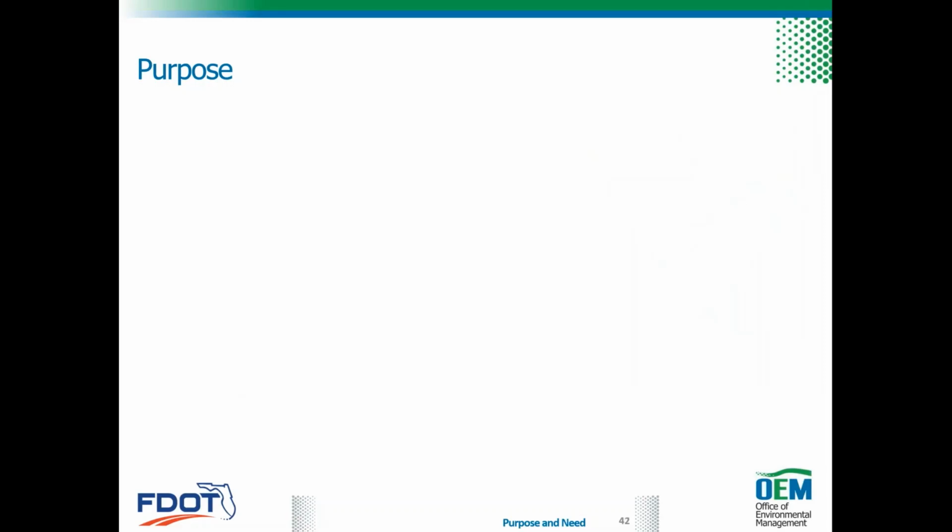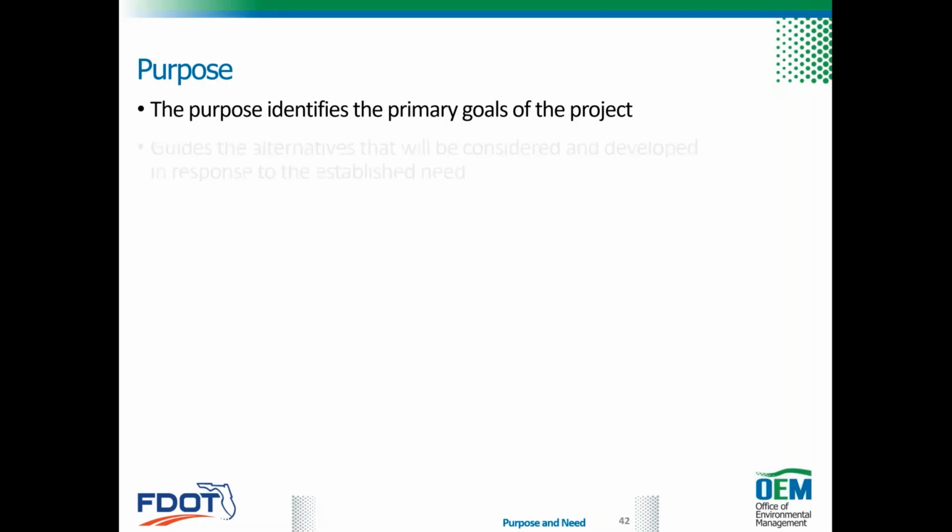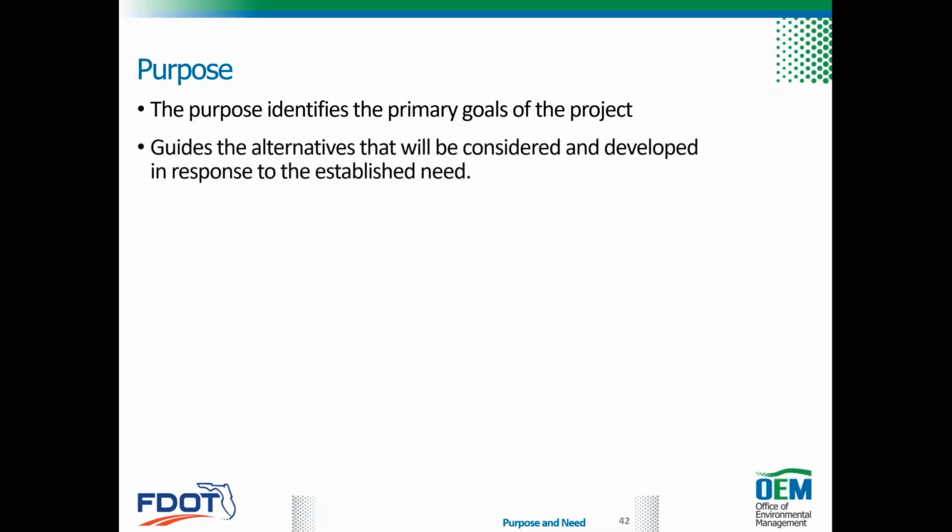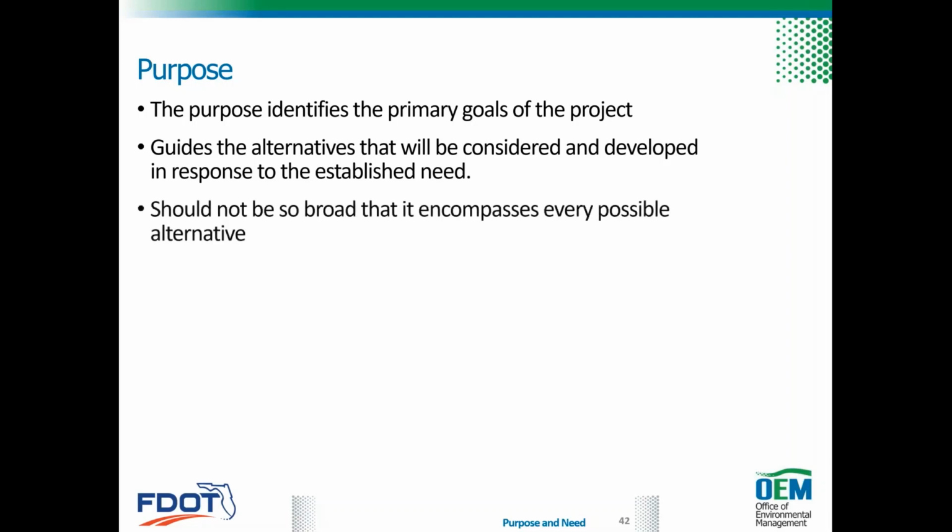So the purpose should be broad enough to encompass a reasonable range of alternatives for an EIS, but it should not be so broad that it encompasses every possible alternative. Okay, so it identifies the primary goals of the project, guides the alternatives that will be considered and developed in response to the established need.